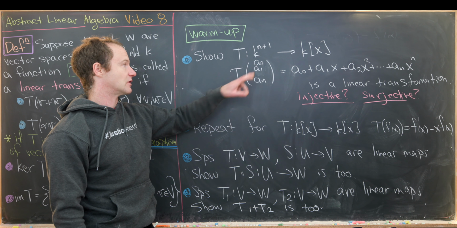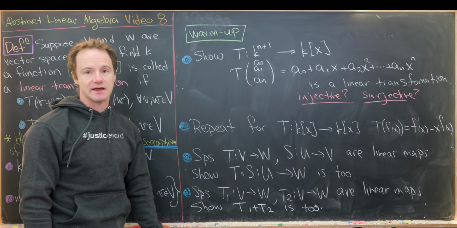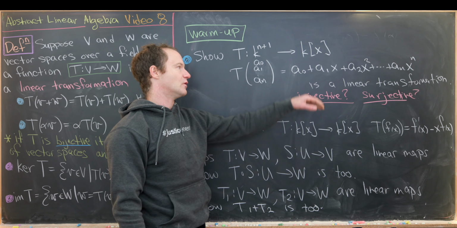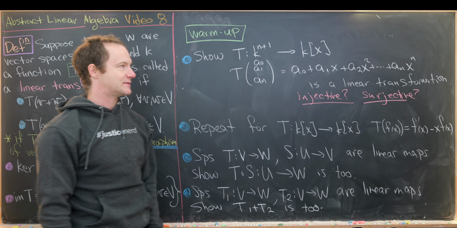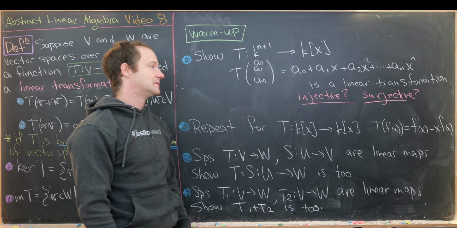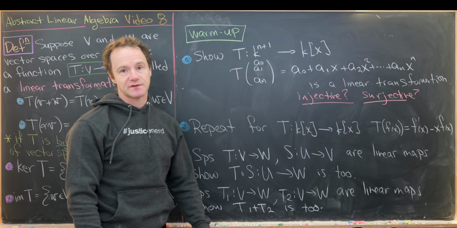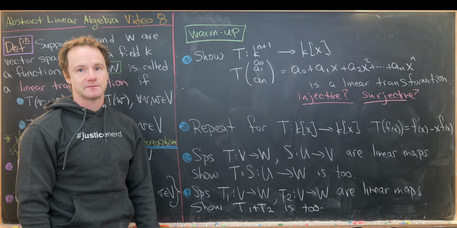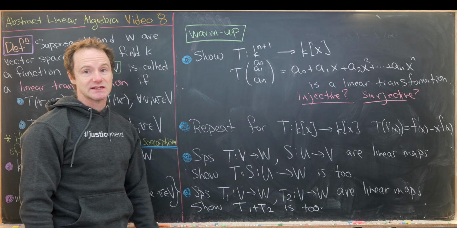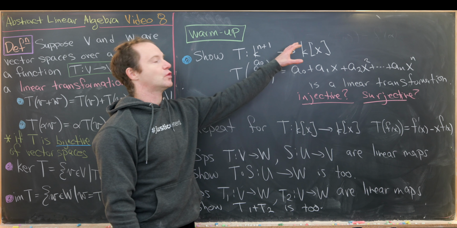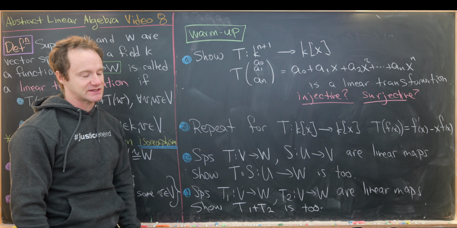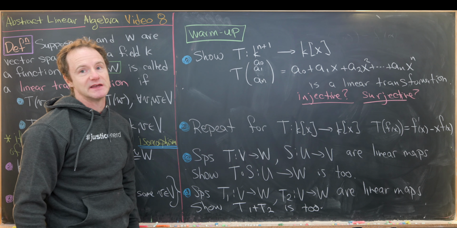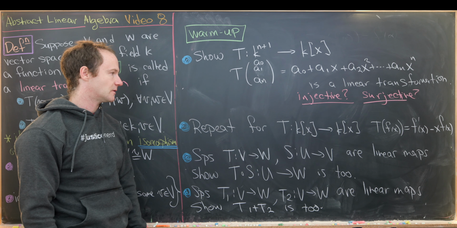I've started at 0, so a0, a1 down to an. So that vector is mapped to the polynomial a0 plus a1x plus a2x squared all the way up to anx to the n. So show that this is a linear transformation and then determine if it is injective or if it is surjective. Maybe if it's not surjective, can you tweak the codomain to make it surjective using one of the examples of subspaces that we had in the last video?